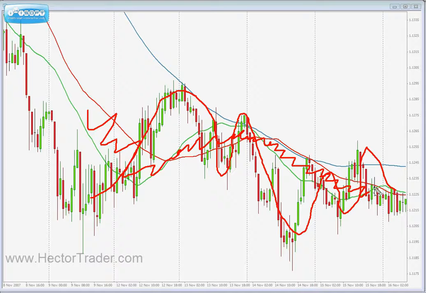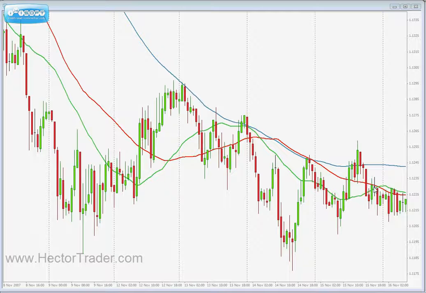So whenever you apply the principles I'm going to be showing you on this chart, make sure that first of all you are indeed looking at a trending market, a trending chart.